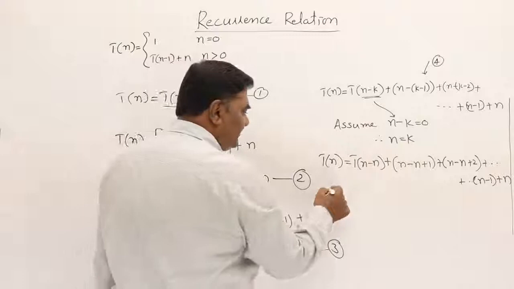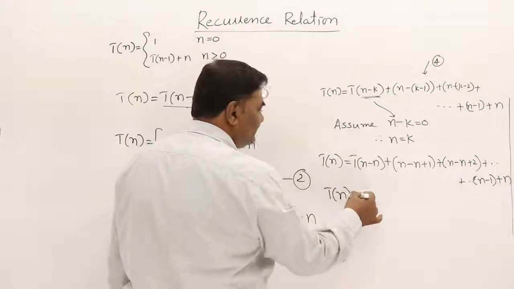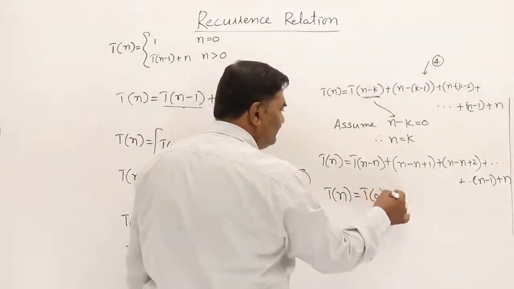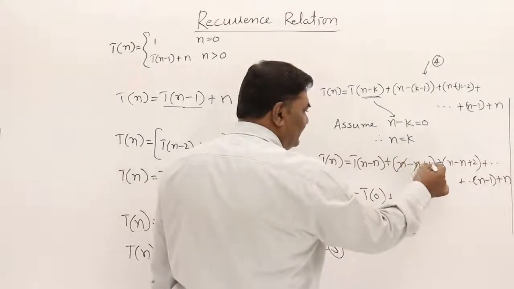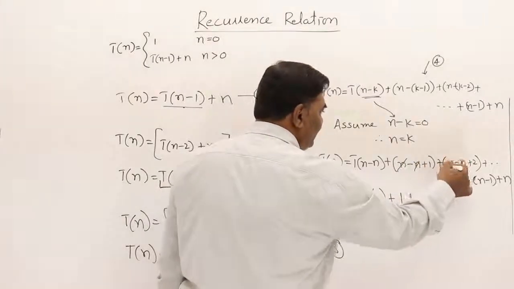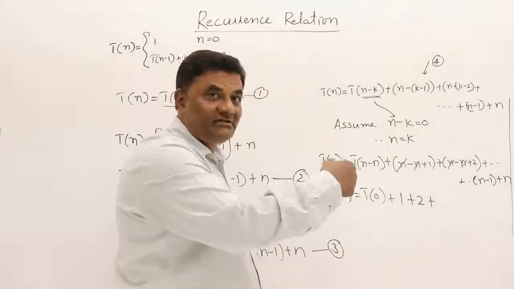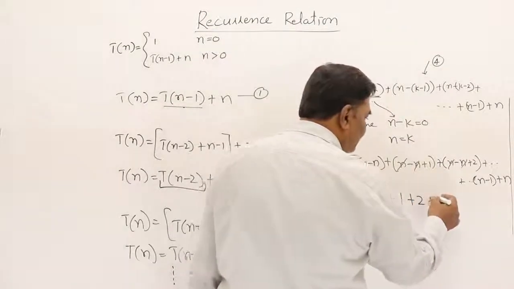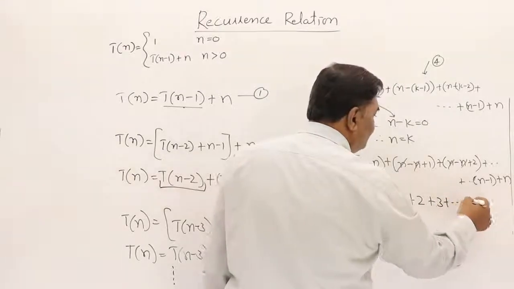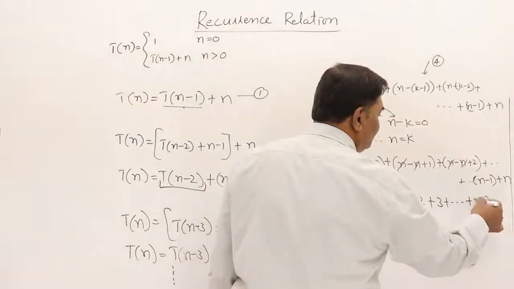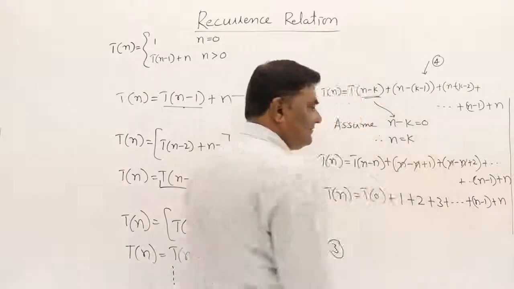Now simplify it further. Tn is equal to T0 plus, this n minus n gets cancelled, 1, plus n minus n gets cancelled, 2. So it means I can figure out the next term is a 3. Yes, it is a 3. Then goes on up to n minus 1 plus n.